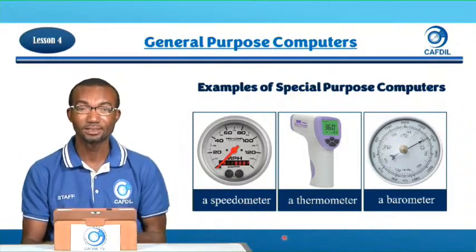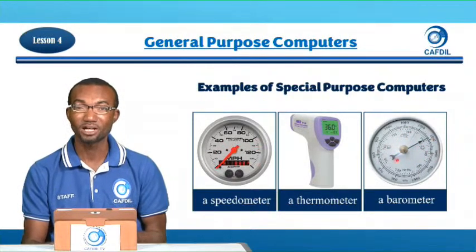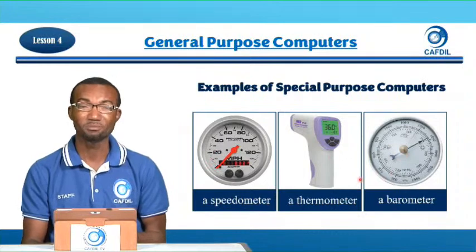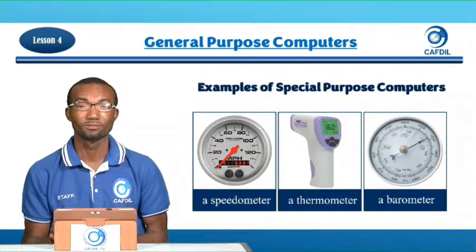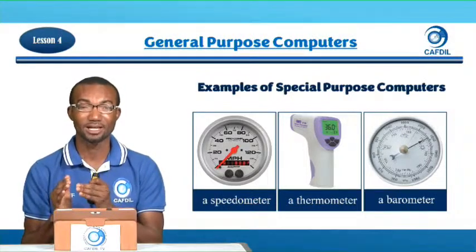If you look at the screen, you see that the speedometer here is different from that of the barometer here. The markings on it are different. So we cannot even use this barometer to check the speed of objects, or we cannot use this to check the temperature of objects. They are specifically made to perform a specific task.